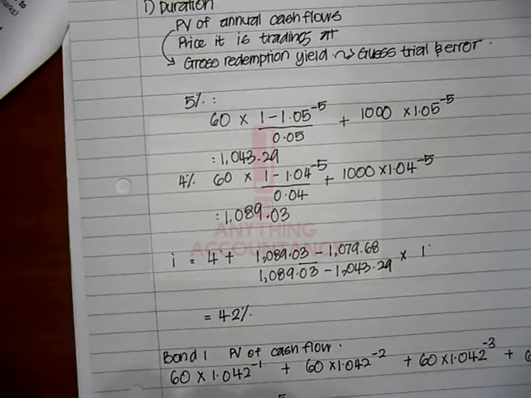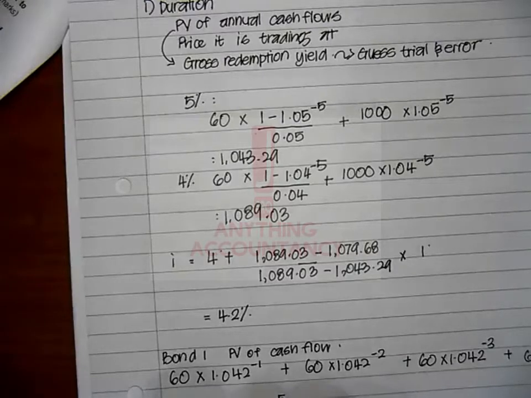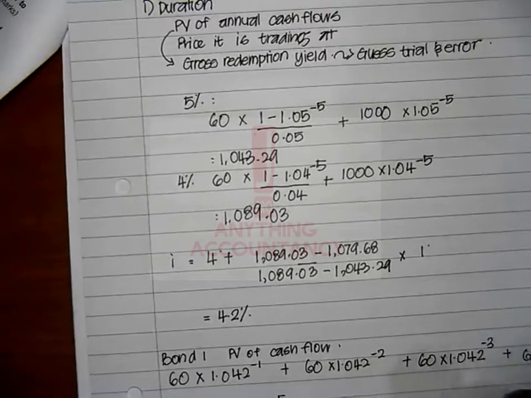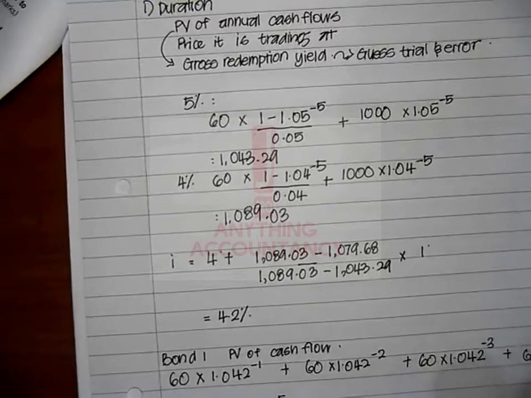So the PV is going to be 57.58 plus 55.26 plus 53.03 plus 50.90 plus 862.91.